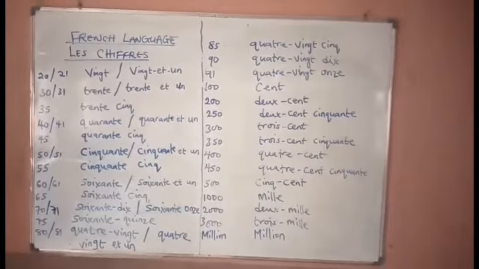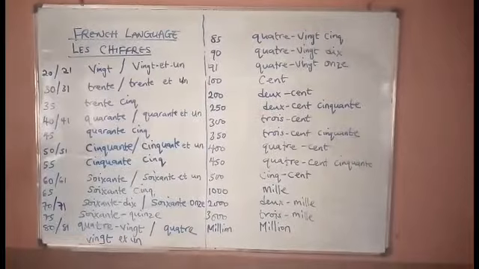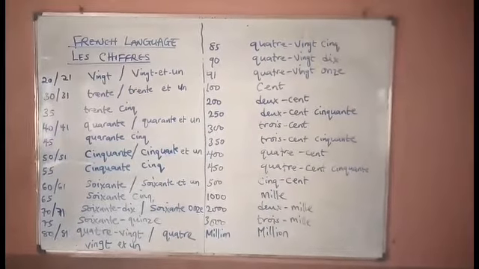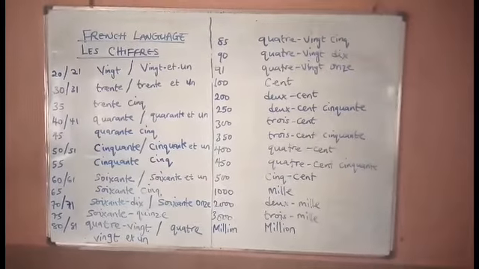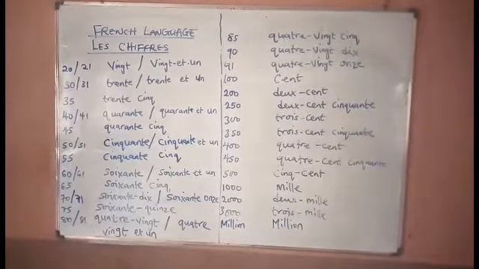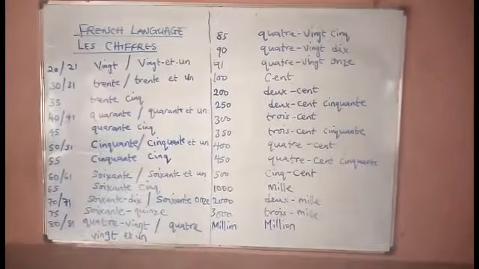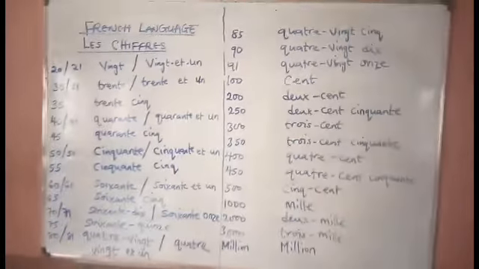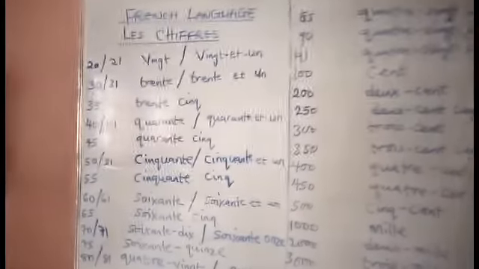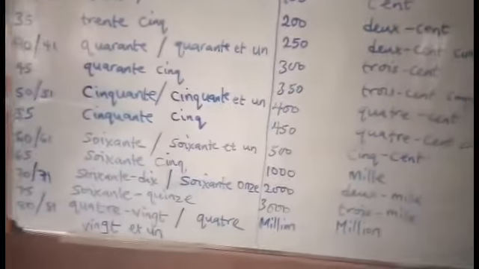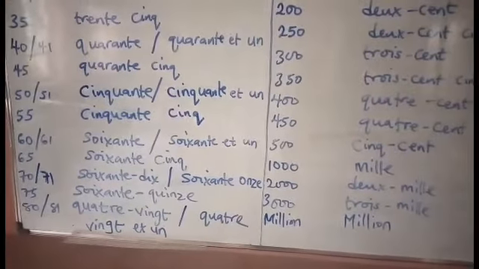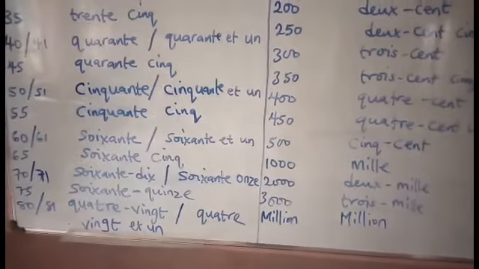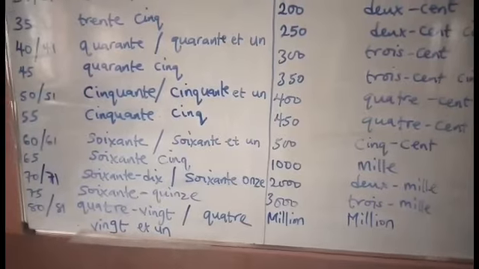60 is 60, and 11 is 11. So when you have 60 and 11, you have 71. Then it runs like that: 71, 72, 73, 74, 75, and it runs like that till 80.